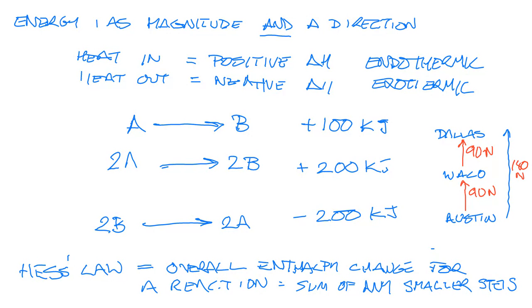Let's do the worksheet. I'll leave this up on the board for just a second. Yeah, Brianna. So Hess's law can be said a couple of different ways. One of the ways, and I think I wrote this on the board on Wednesday, is that the energy in a cyclic system is conserved. If you go around in a loop and you come back to where you started, then the total enthalpy change for a cyclic system is zero.